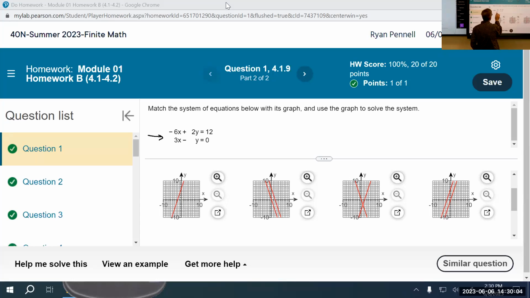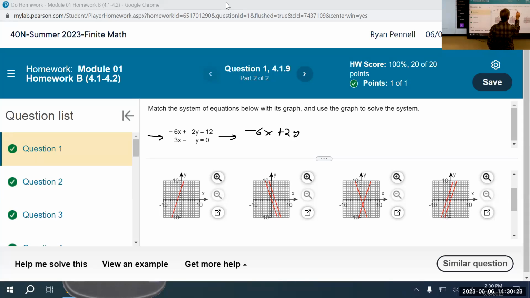For the x's, we have -6 and 3. You can multiply an equation as long as you do it on both sides. That's what we've been saying. You can multiply an equation on both sides as long as you are consistent. So that's what I'm going to do.